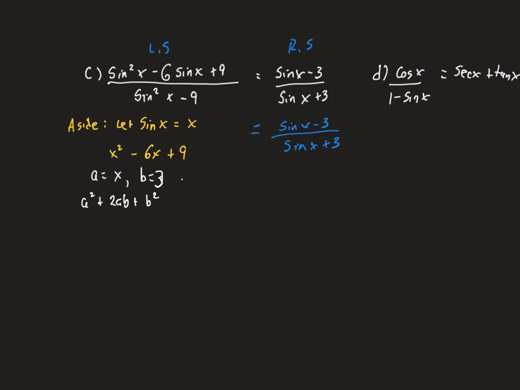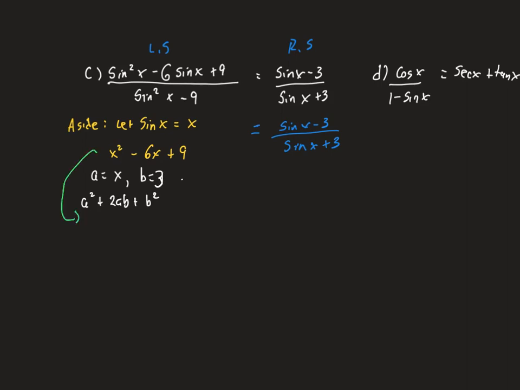Well, x squared, which is my a squared, is x squared. Beautiful. 3 squared is 9. So I have my a squared, I have my b squared. X times 3 is 3x times 2 is 6x. So this is all true, which means I can factor this.